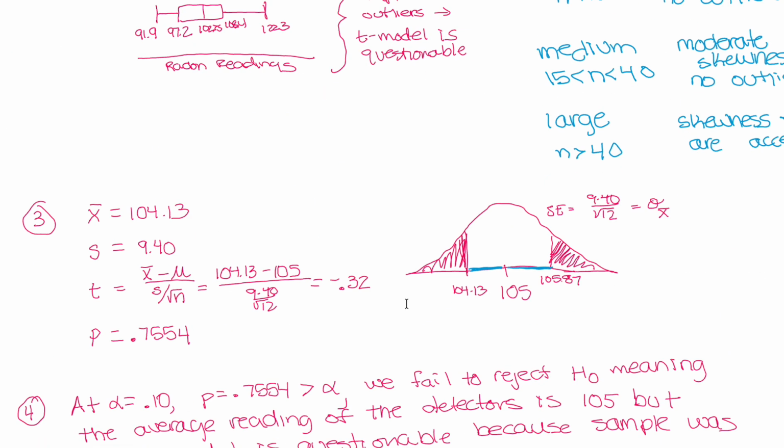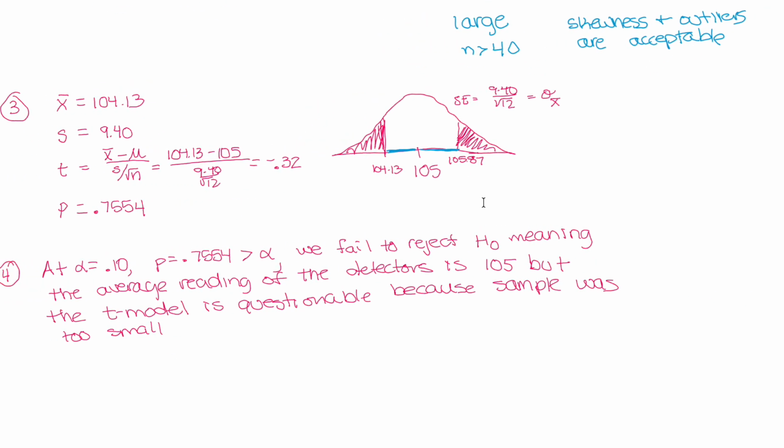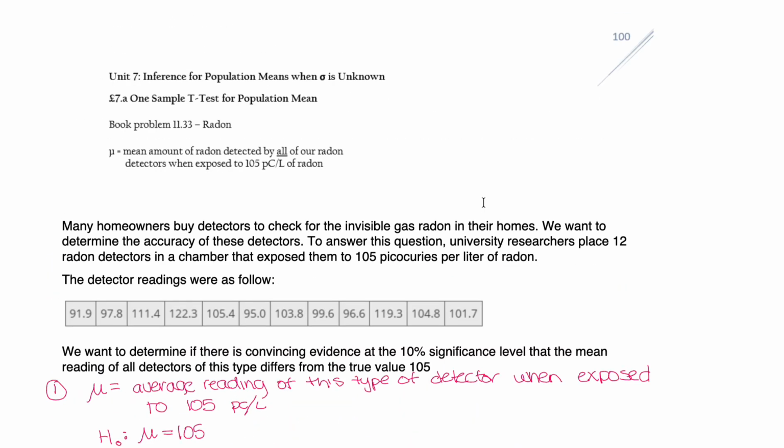That will lead us to some words when we conclude our answer at part 4. You can also say that we fail to reject the null hypothesis, meaning we don't have enough evidence to say the average reading of the detectors is different from 105. Those are just different ways you may prefer to say it, but they all mean the same and are all equal when it comes to grading.